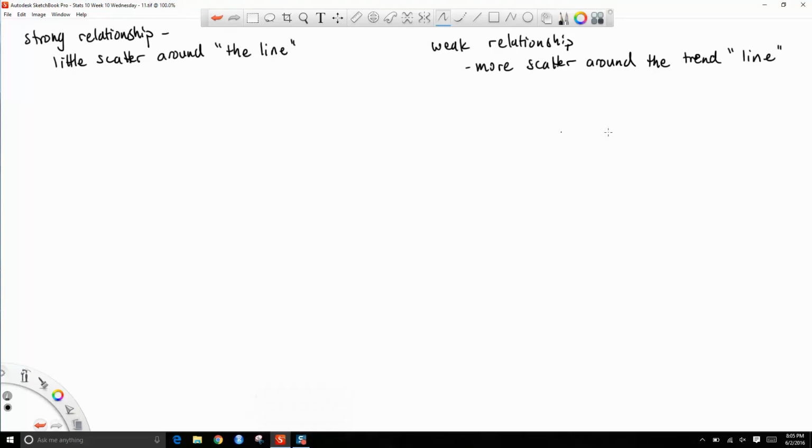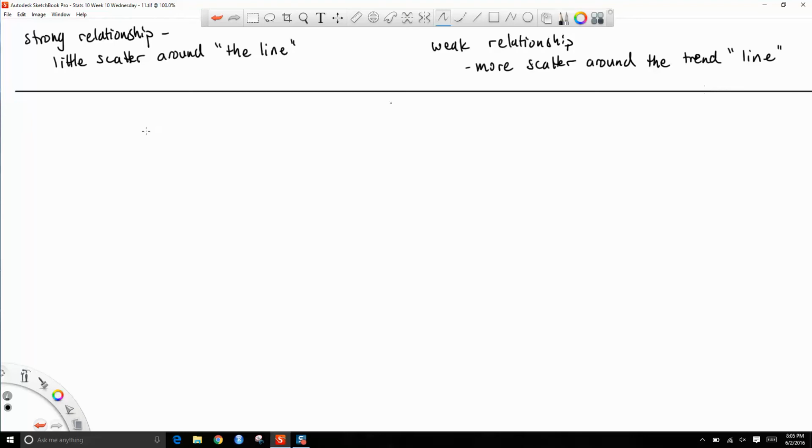Okay, and so we have a summary statistic called the correlation coefficient. It's often just called correlation for short, okay?